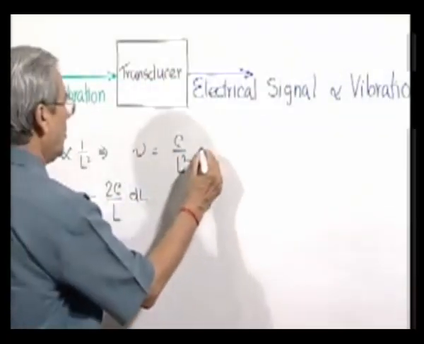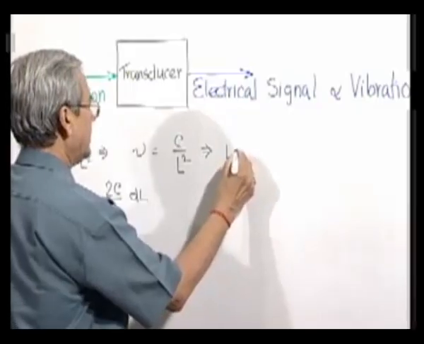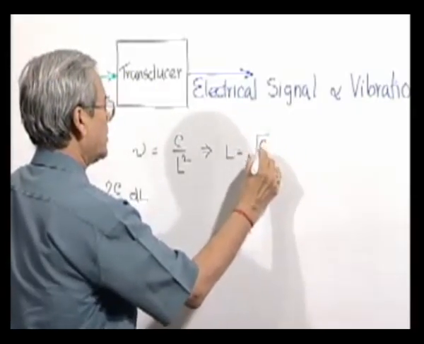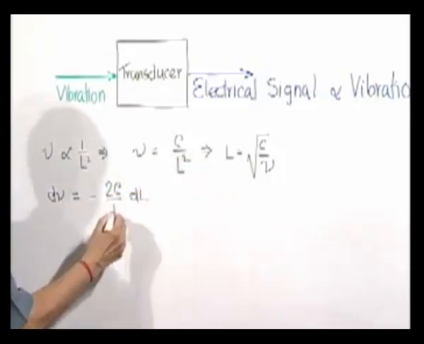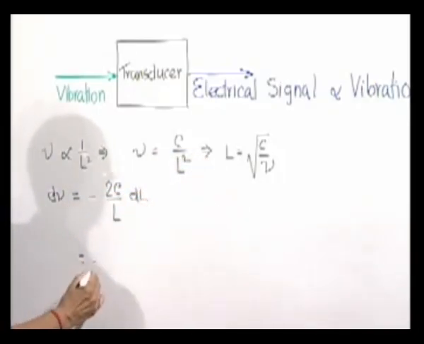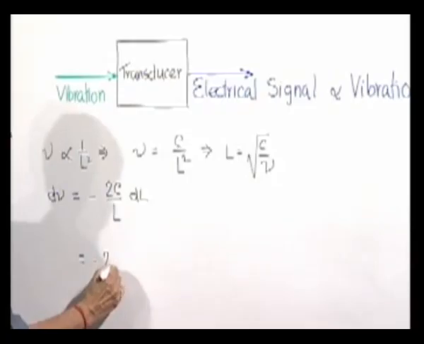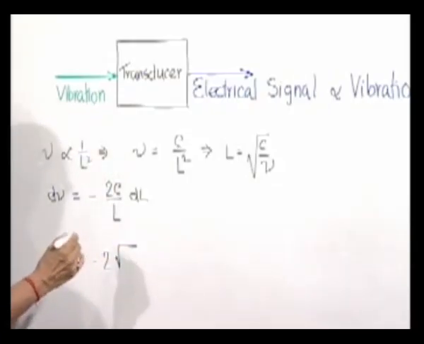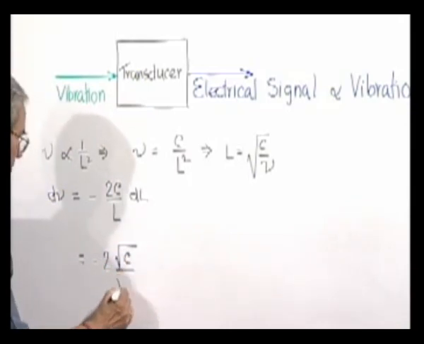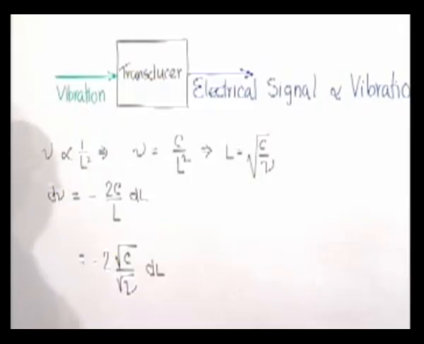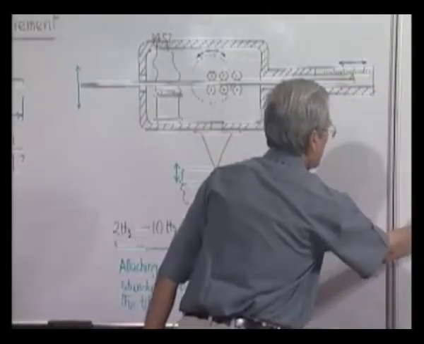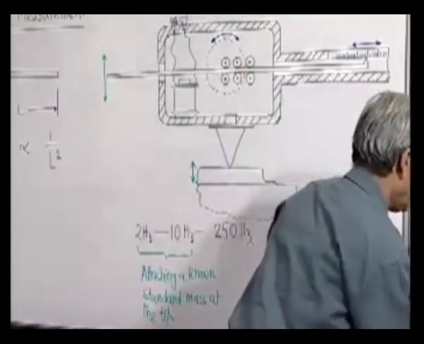Now from this again we know L is equal to square root of C by nu. If you substitute this here, this will become minus 2 square root of C by square root of nu dL. So how much change in length is necessary for a change of frequency d nu can be written now.